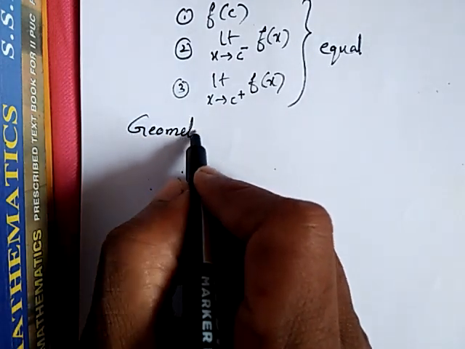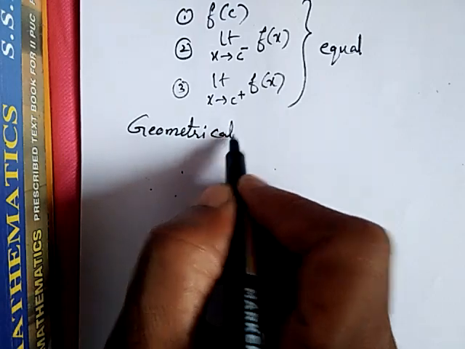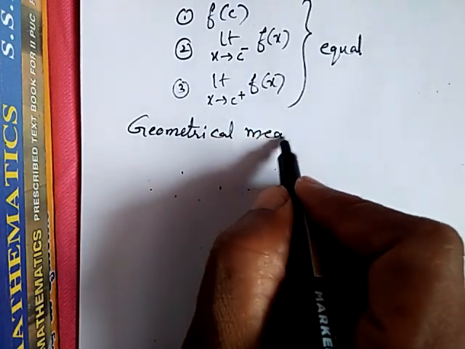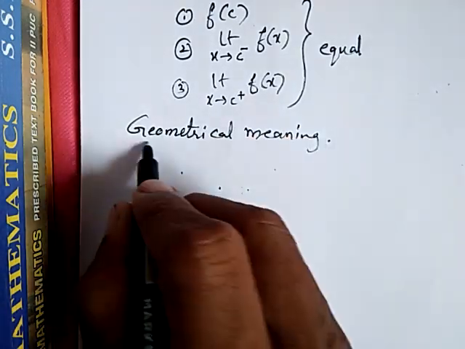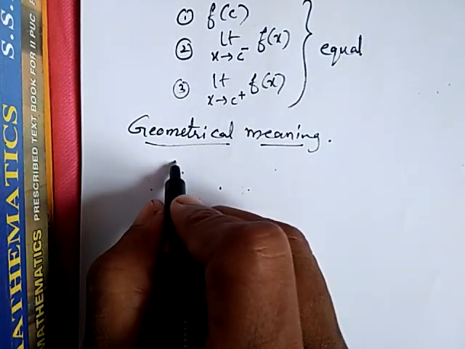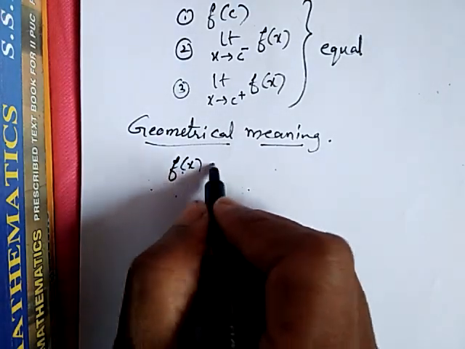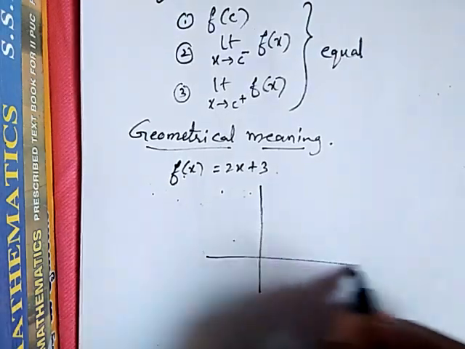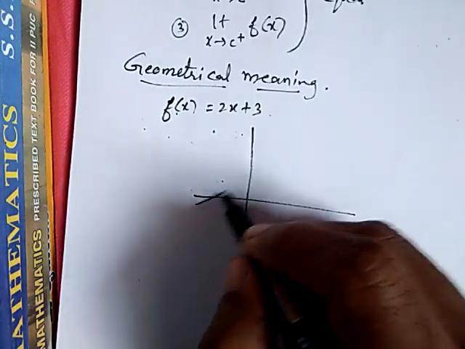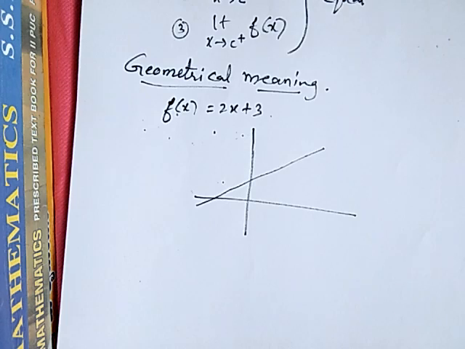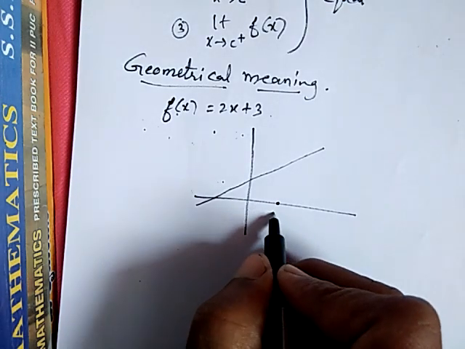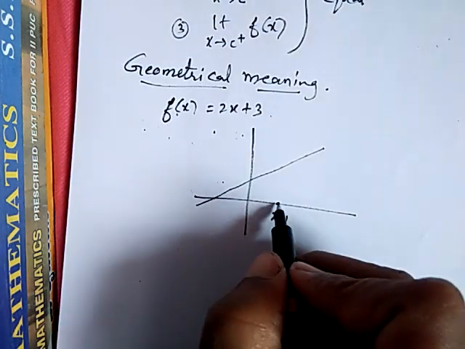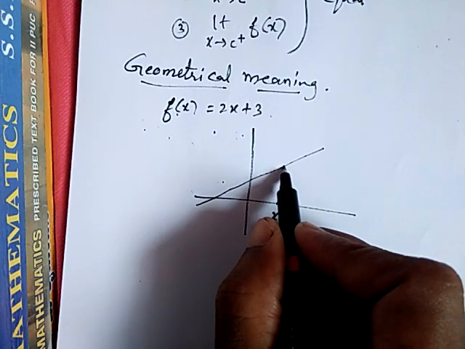Geometrical meaning of this. For f of x is equal to 2x plus 3, the graph is like this. Some point x is equal to 1 is there like this here. At this point we have to check whether the function is continuous or not.